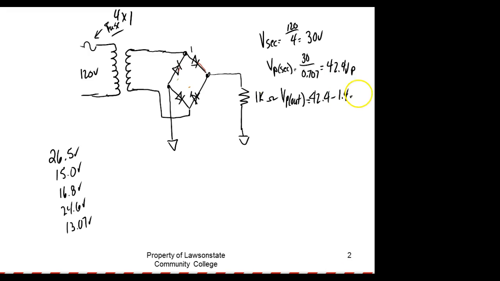So 42.4 minus 1.4. And then we calculate volts DC. Volts DC is going to be equal to 41 divided by 3.14 times 2, because it's full wave.